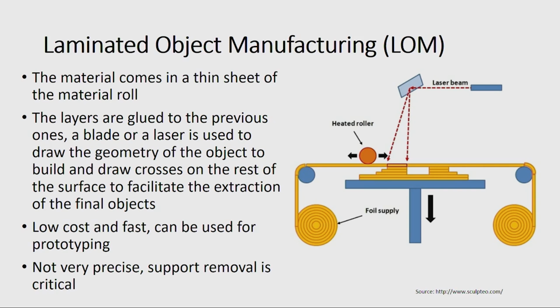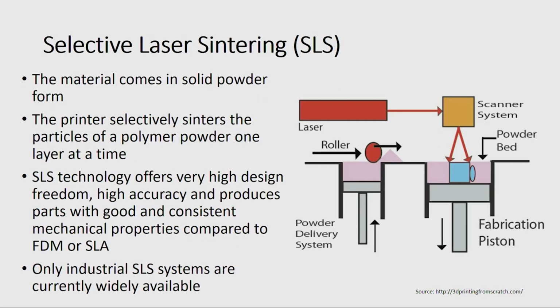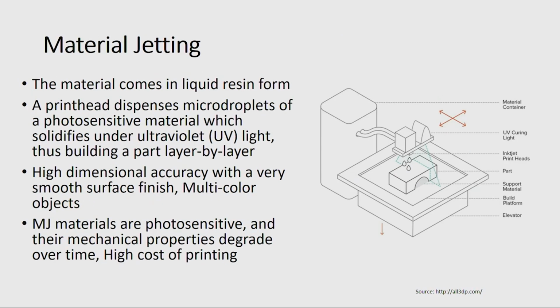support material removal is very critical, and this may damage the 3D printed object we require. In the material jetting, there is a combination of material jetting and selective laser sintering. That means instead of using a laser pointer to heat the material, it makes micro droplets of glue and dispenses them onto the material.